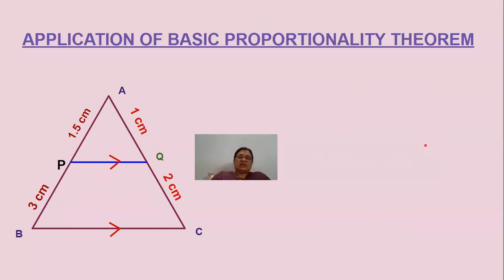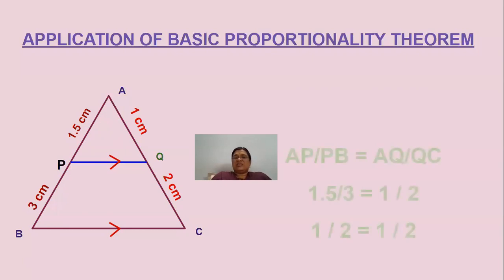He may give the diagram, like in visualization, or like problem solving also. They may ask these questions in 2 marks, 1 mark also, in the SSC board exam. So here you have to tell whether the two triangles, APQ and ABC, are similar or not.